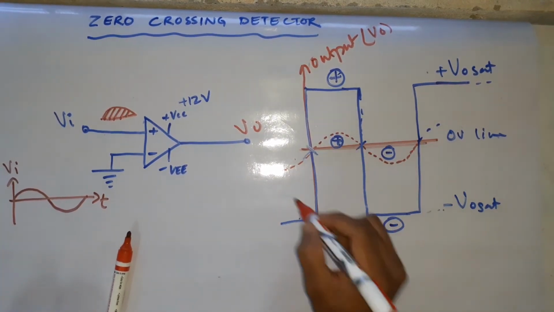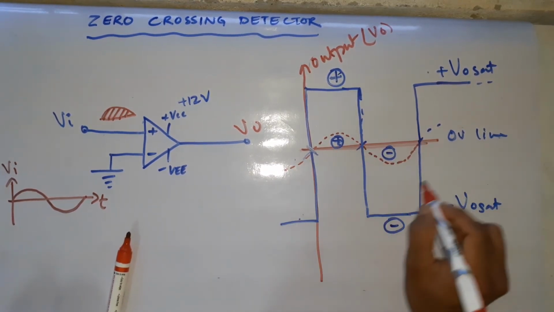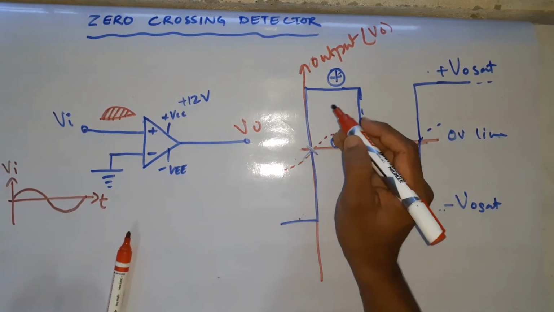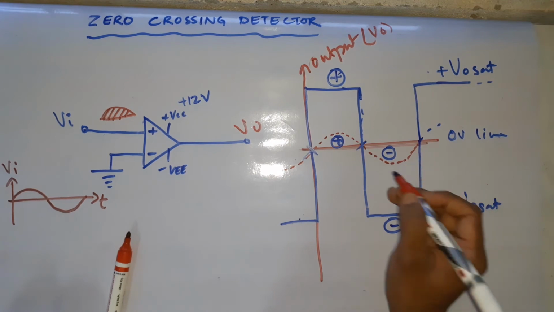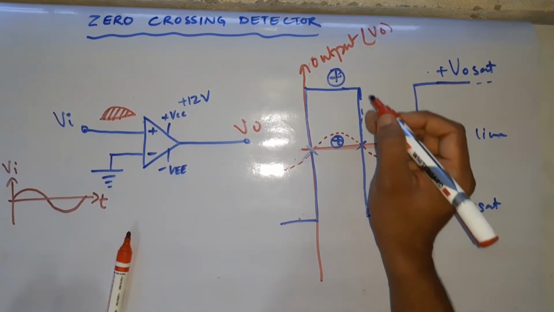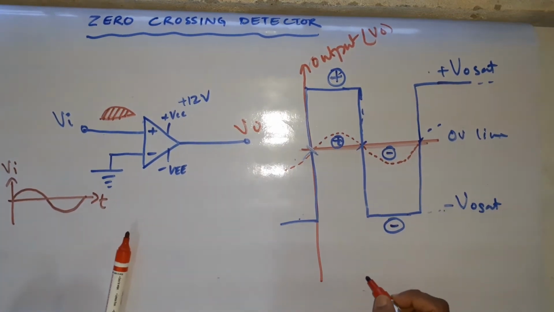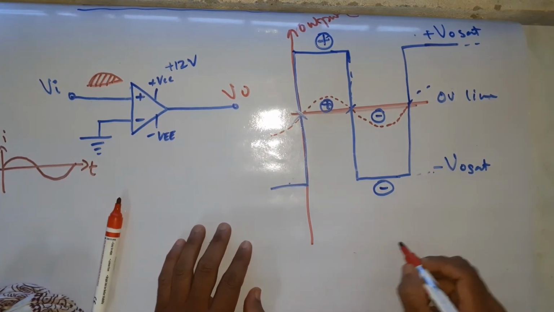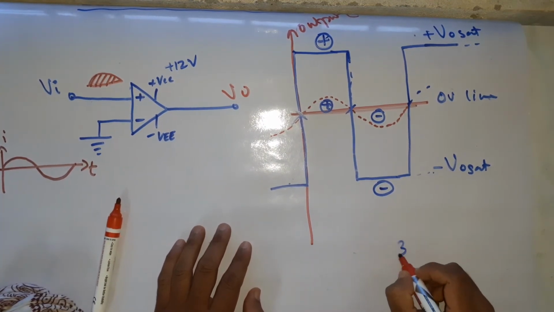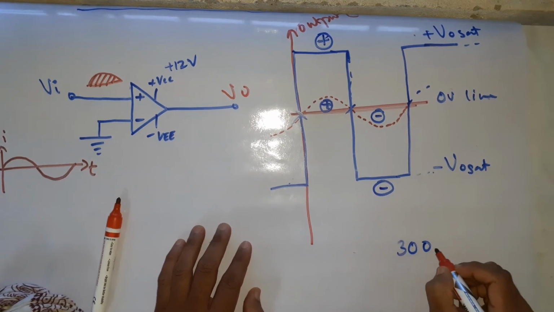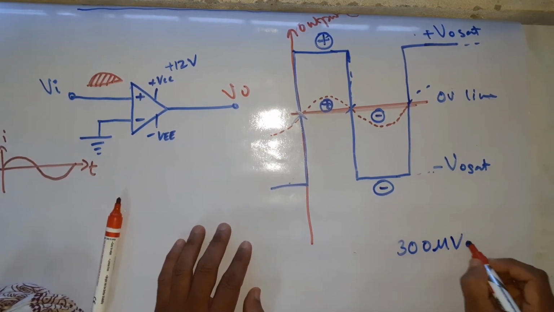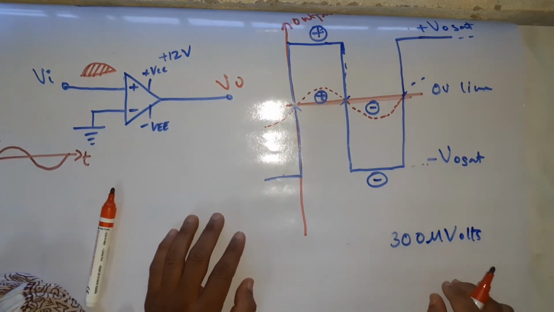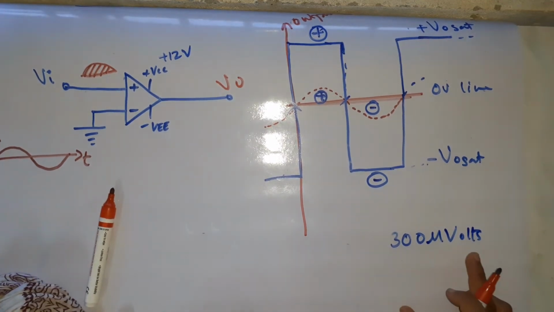This is the ideal case, where output changes whenever input crosses exactly at the 0 line. But practically, for your output to change corresponding to input, it takes at least 300 microvolts.